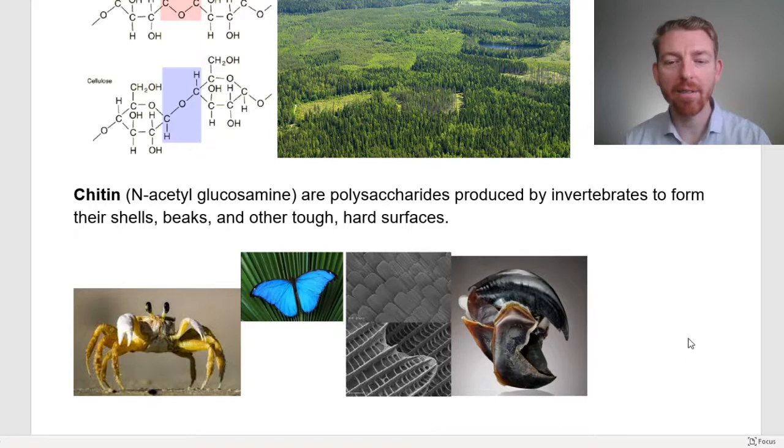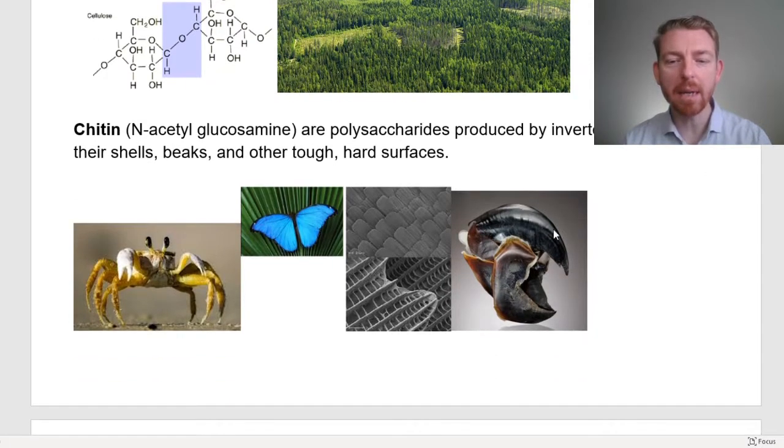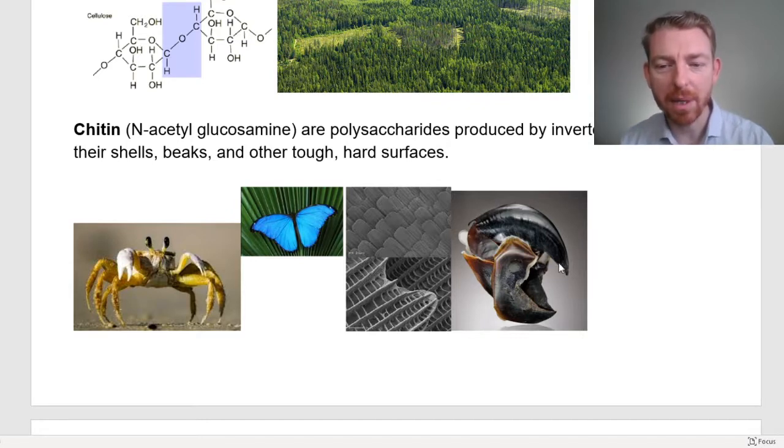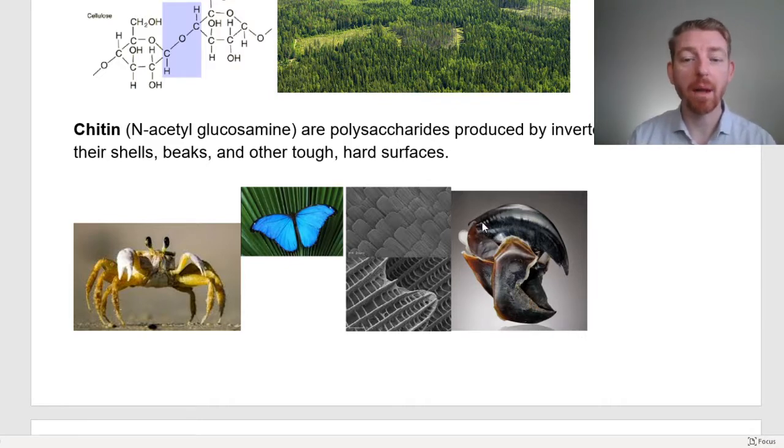Here we also have a squid beak. I don't know how many people know that squids and octopus have a beak. It's really the only hard surface on them, and that is also made out of chitin. It's a really interesting structure too, because the concentration of water decreases the closer we get towards the tip of the beak, and the water concentration increases as we go away from it.